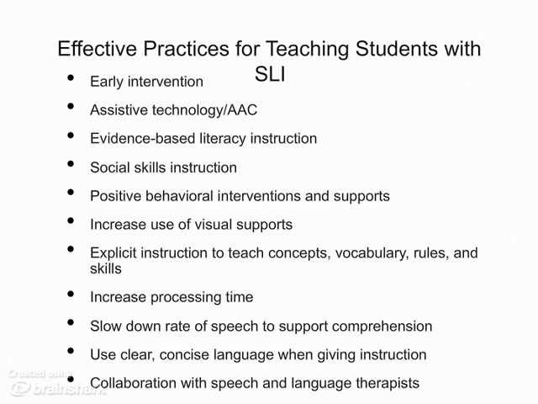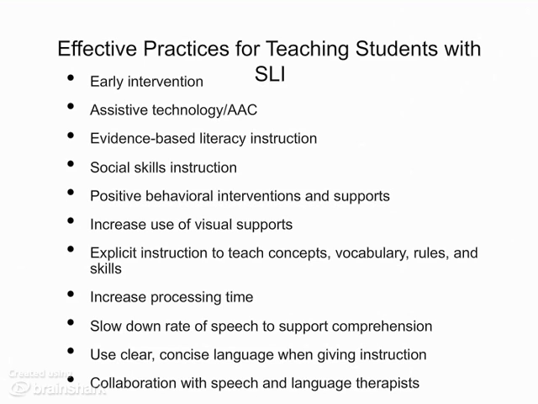The use of assistive technology and augmentative and alternative communication is very important for students who have limited verbal abilities or who are nonverbal. We need to use evidence-based literacy instruction to provide quality interventions for improving decoding skills, phonemic awareness, vocabulary understanding, and reading comprehension.